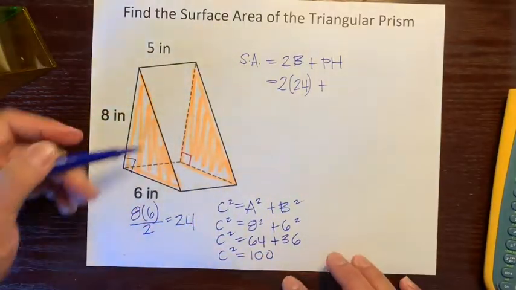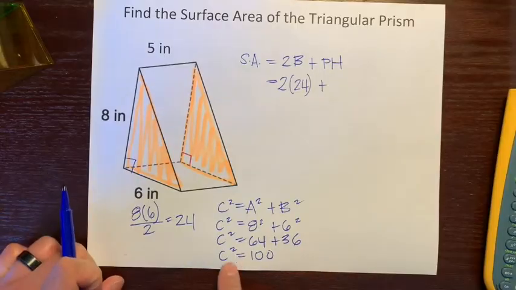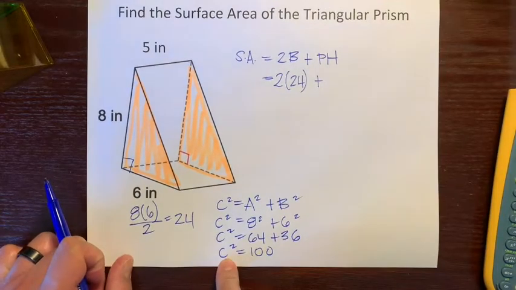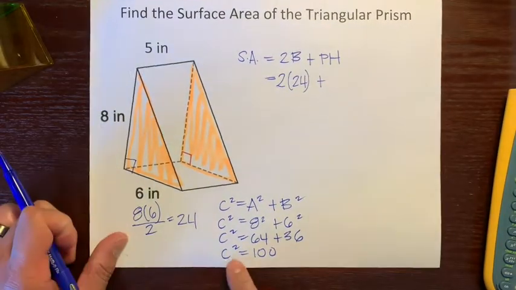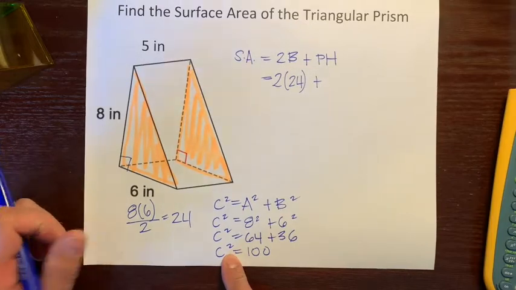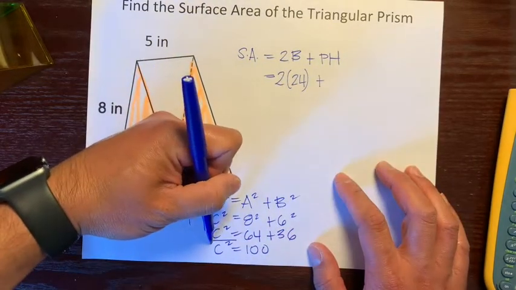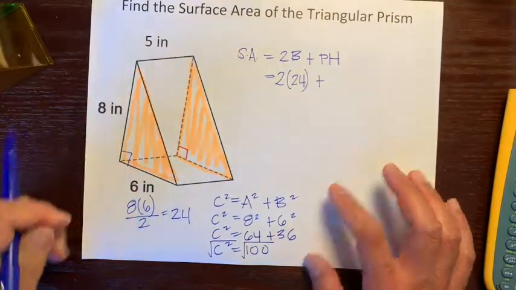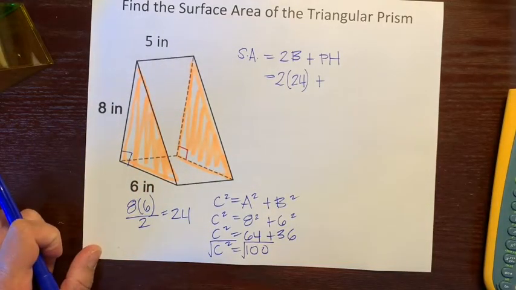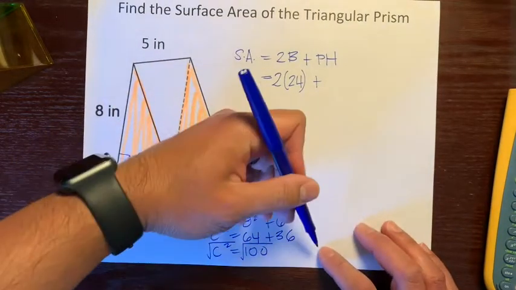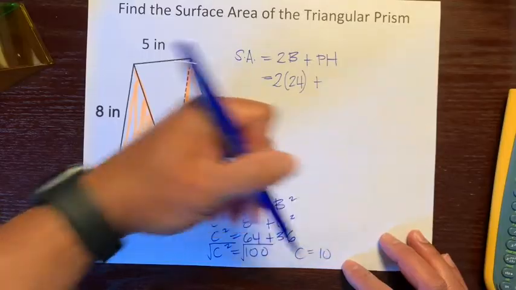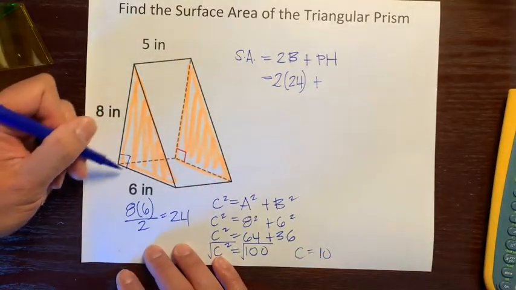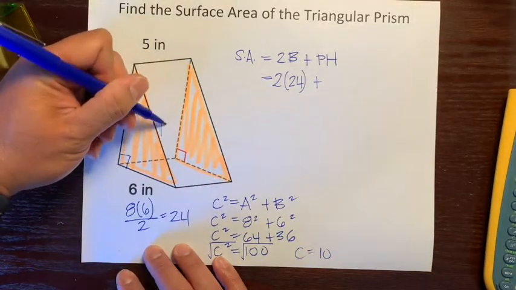Does this mean that this side is 100? No, because we forgot that the c isn't by itself. It has a c squared. And what's the opposite of squaring something? Square rooting. So let's put a square root symbol around that, and the square root of 100. So c is equal to 10. So the hypotenuse of this triangle is 10.